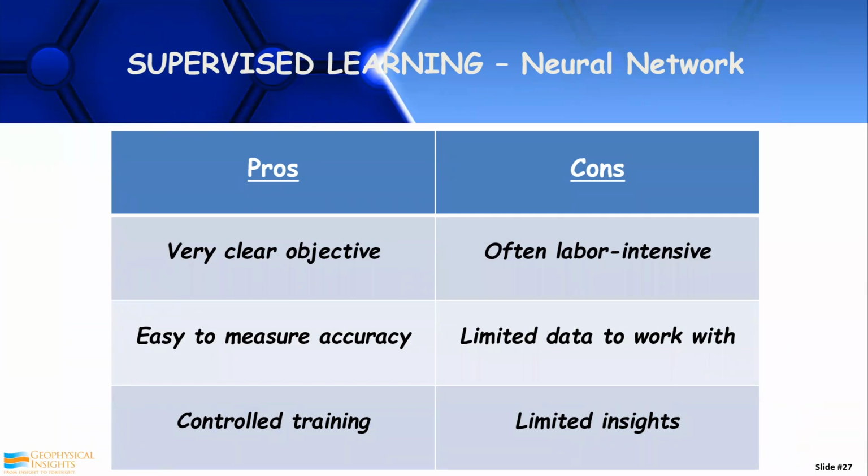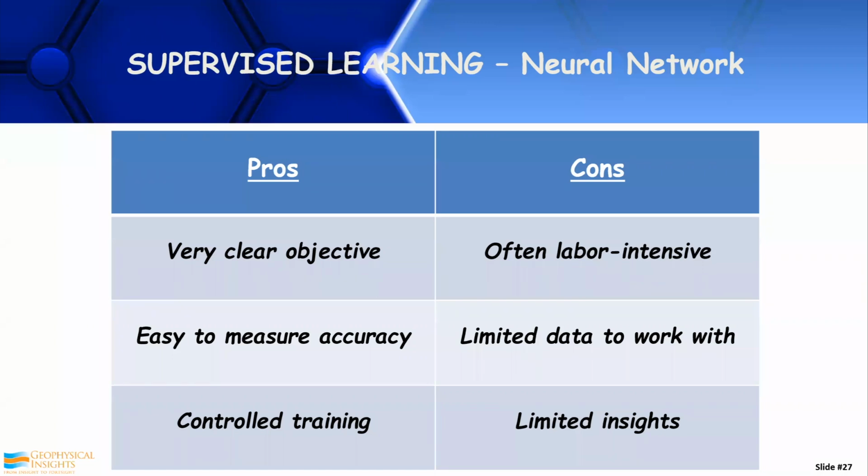So some of the pros and cons of supervised neural networks. The pros are you have a very clear objective in mind when you train it. It's very easy through cross-validation to measure the accuracy of your results, and the training is controlled.